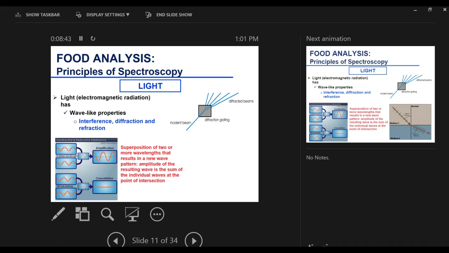So what that means is that your incident beam, the whole light, whether it's UV light or visible light, hits that grating system, and then the light gets diffracted into singular wavelengths. So you will have the different light at different wavelengths separated so that you can isolate and select particular wavelengths to measure absorption at.